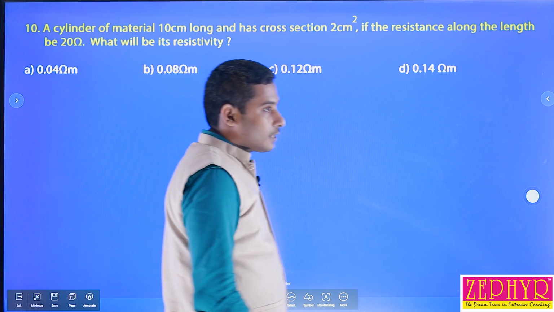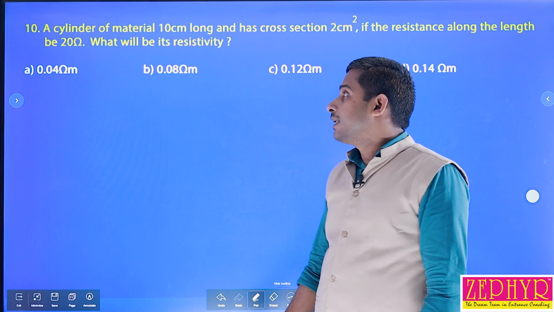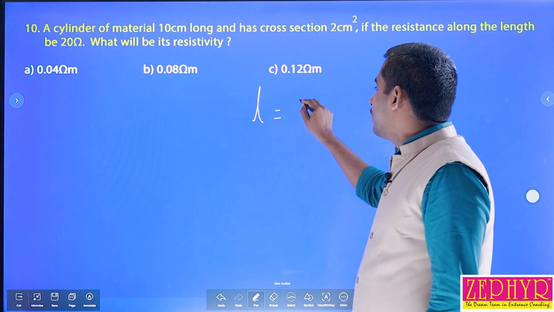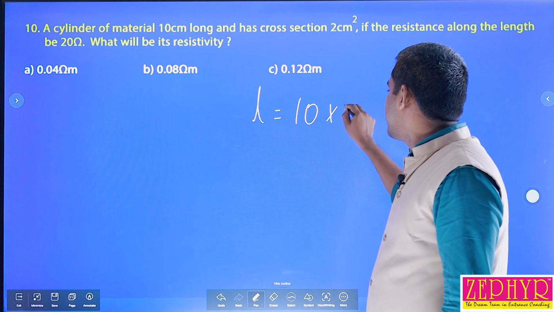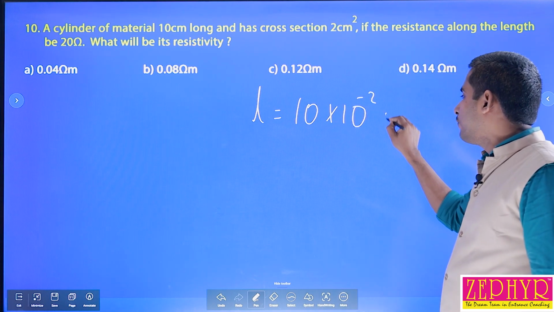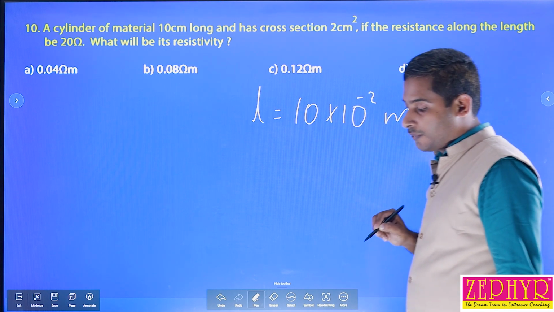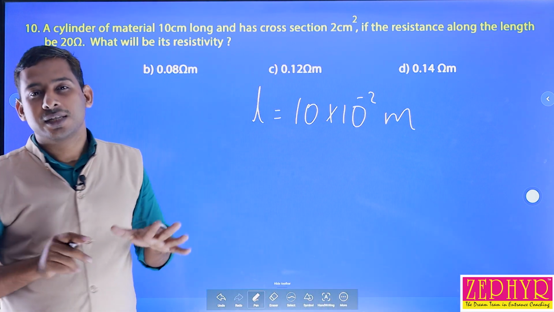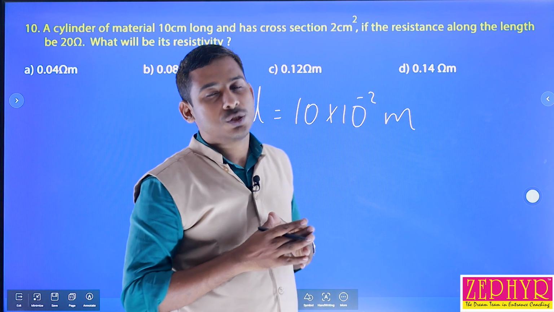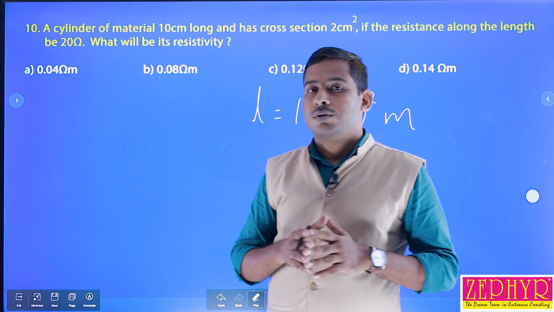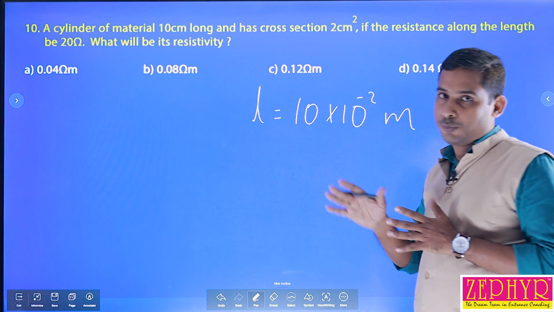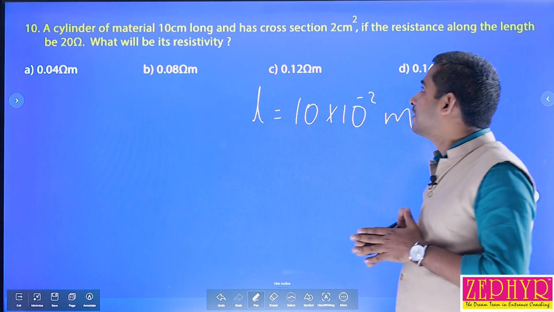Student, they are saying a cylinder material 10 centimeter. So length we can take 10 centimeter. Centimeter you have to convert into meter. How we can convert centimeter? You have to multiply it by 10 raised to minus 2. Then very easily we can convert centimeter into meter, right?